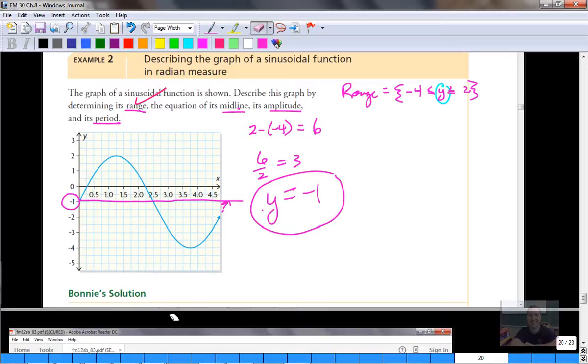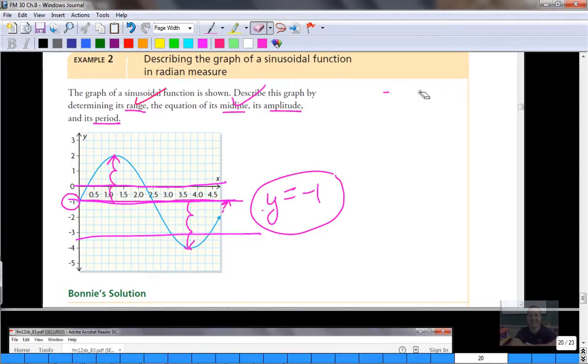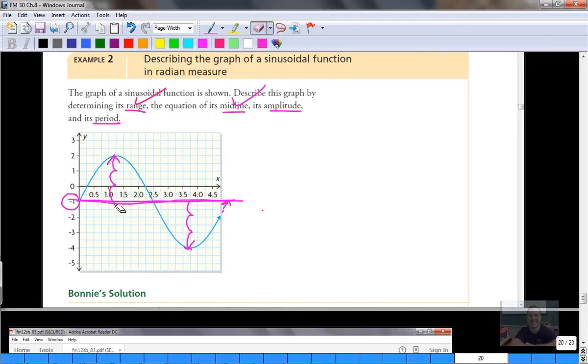Yeah? No? Yeah? All right, so we got midline, amplitude now. Let's take a look at amplitude. So the amplitude, you can use this whole midline thing, right? How many units from the middle to the maximum point? Well, from -1 to 2 goes 1, 2, 3 units.